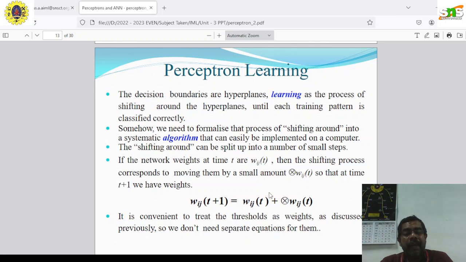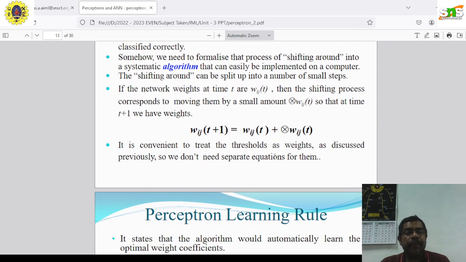In general we write this equation as wij(t+1) = wij(t) + Δwij(t). This is a simple formula. It is convenient to treat the thresholds as weights, as I discussed previously, so we don't need separate equations for them. This is how perceptron learning takes place.